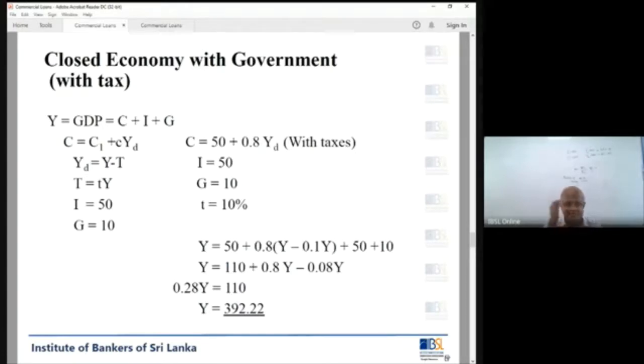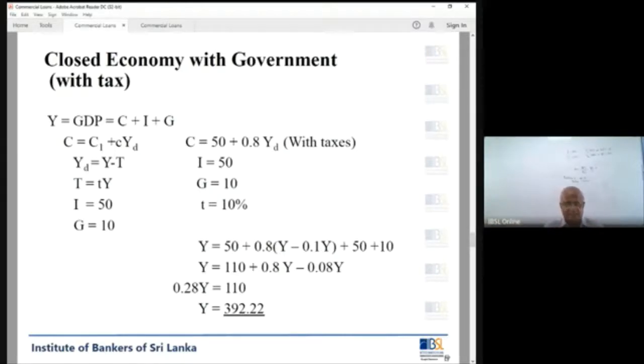GDP decreases to 392. But if the government used their tax revenue to increase investment, productive capacity, public investment in the economy, that will generate more income next year or the following year.